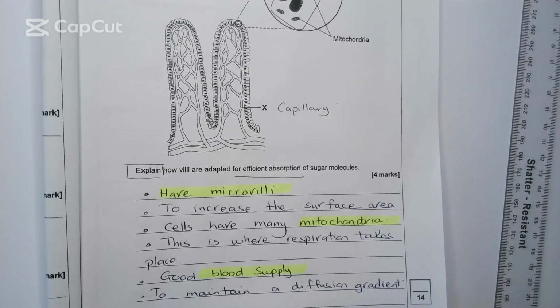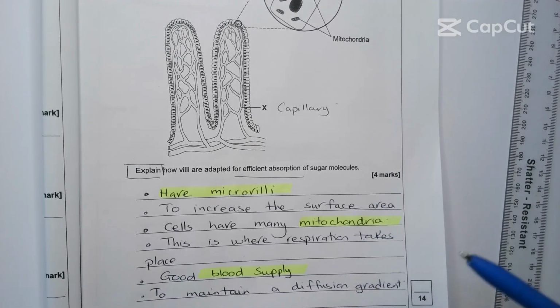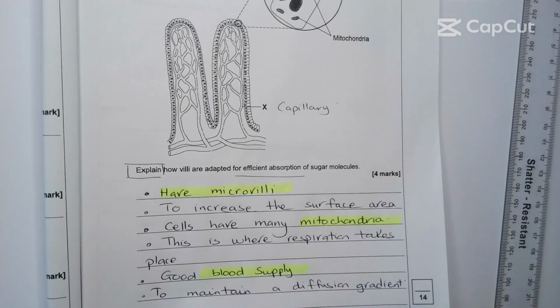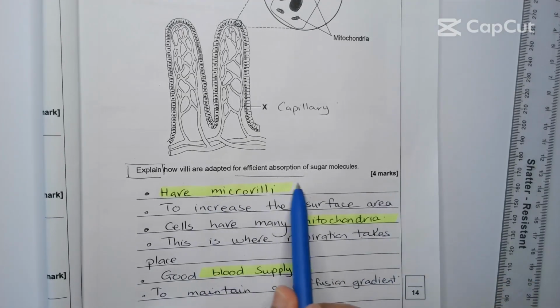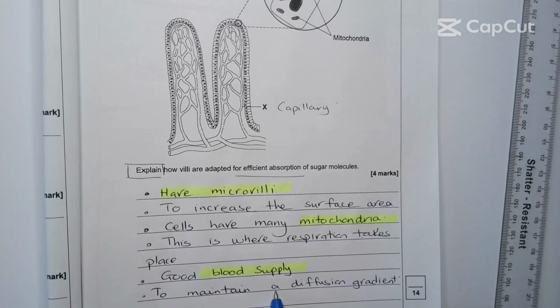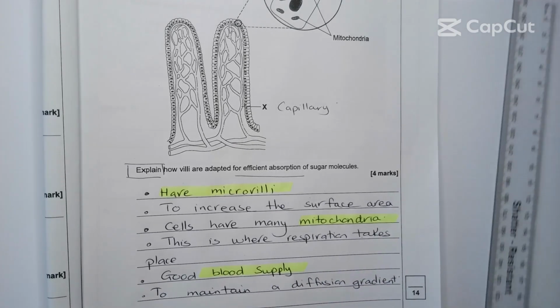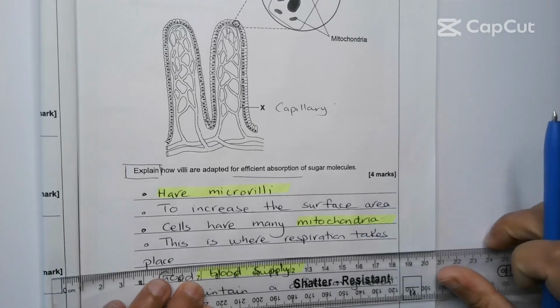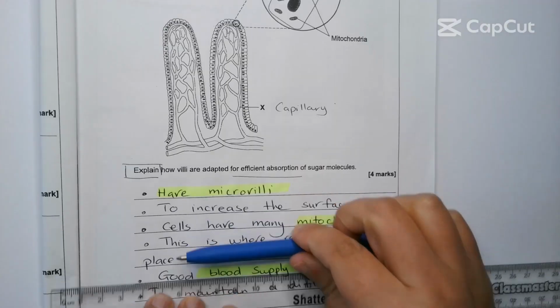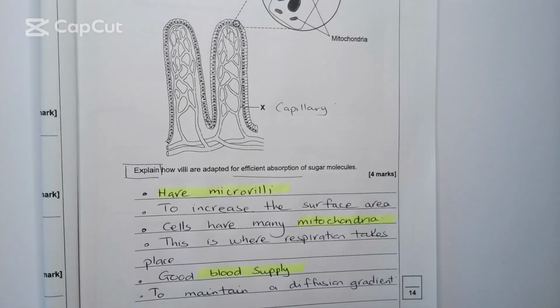Just be careful, again, I said this earlier on, for level 2, which is 3 or 4 marks, you must make links between structure and the function. Structure, function, structure, function, structure, function. Say you just had this bit here. That should still get you 4 marks. I just wrote down 1 extra for you. Okay, so question 3.